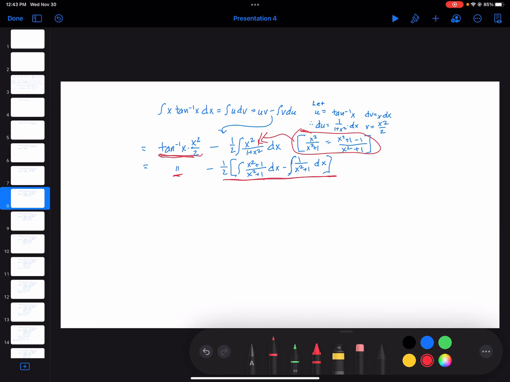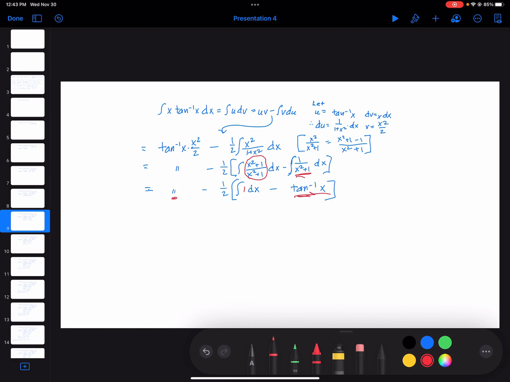Okay, and now, next step. Again, ditto marks here. This, of course, is just 1, and so that's simple. And this, we get to use that identity. And when we integrate here, we get inverse tangent of x. So now things are looking a little bit better.